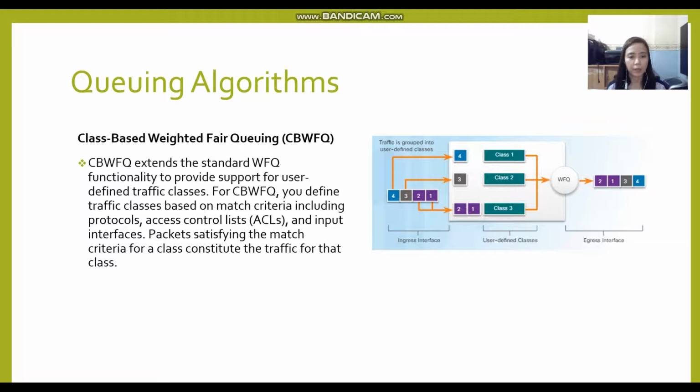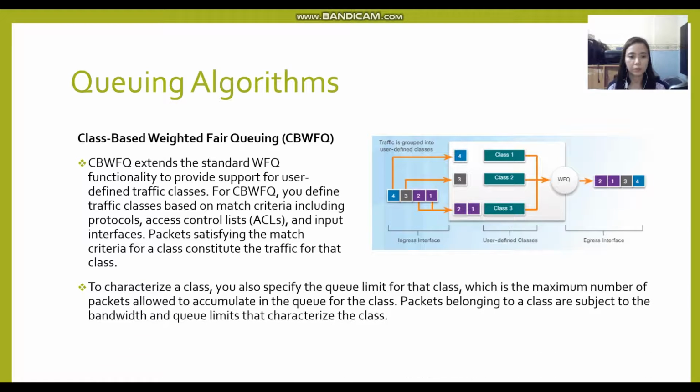Packets satisfying the match criteria for a class constitute the traffic for that class. To characterize a class, you also specify the queue limit for that class, which is the maximum number of packets allowed to accumulate in the queue for the class.